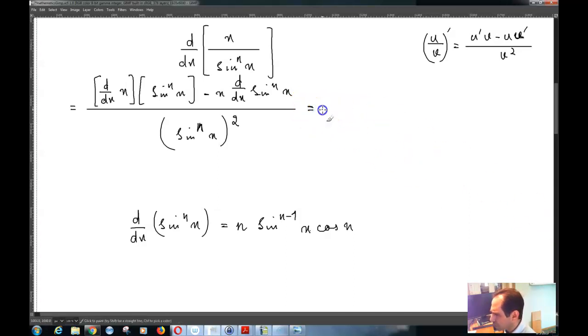So this is equal to d by dx of x, which is 1, times sine raised to the power n of x.